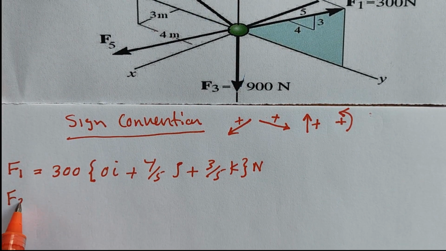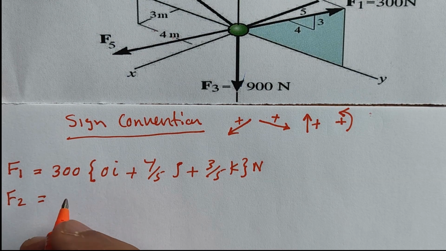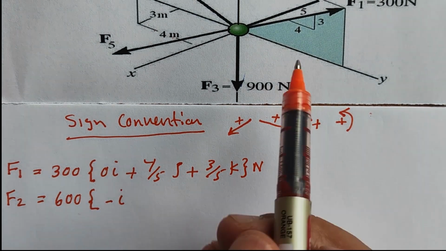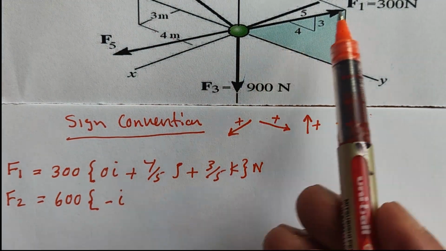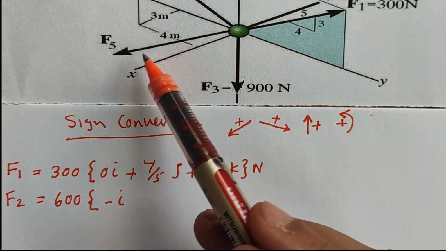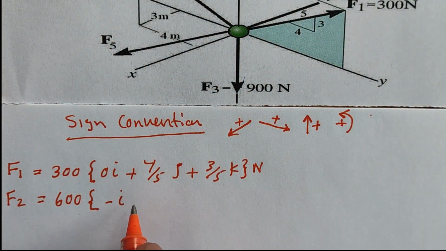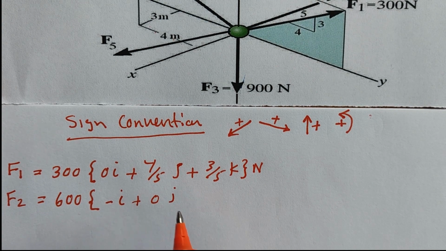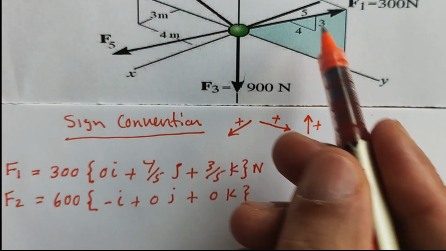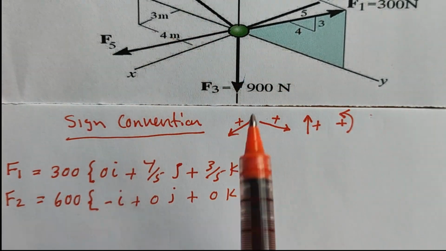F2 equals 600 negative i, because F2 is straight on the negative x-axis, so it's negative i plus 0j plus 0k, and it doesn't have any components on the y or the z axis.